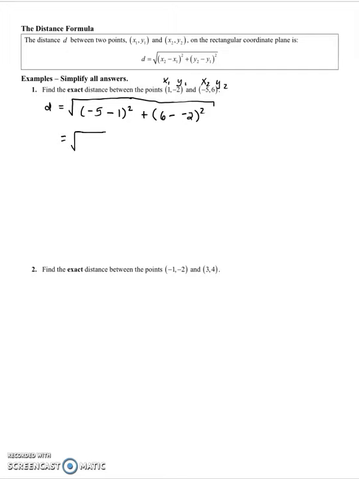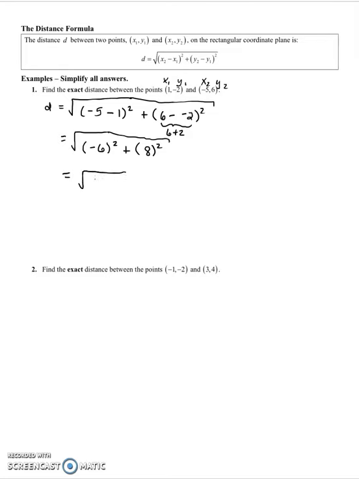So, following the order of operations, simplify parentheses first. -5 minus 1 is -6 squared, plus 6 minus -2. This really becomes 6 plus 2. So we have 8 squared, all under the square root.